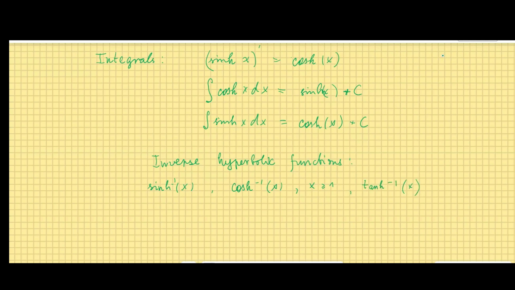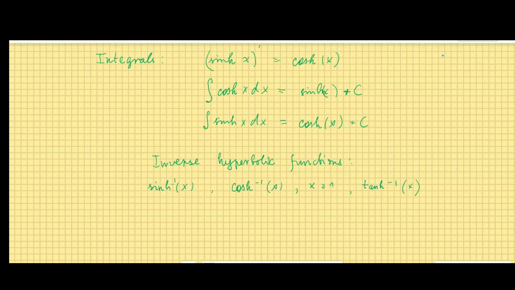That's why it's 1, not 0. Well, x is going to be from 0 to infinity, right? But the inverse function is actually going to have argument y. And y, if you go back to the graph of cosh, is going to be from 1 to infinity. So there are three inverses, right?